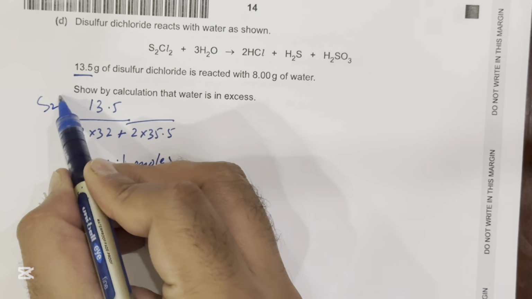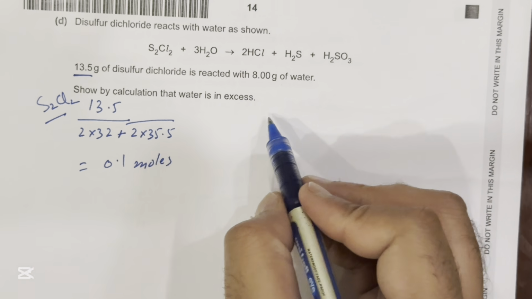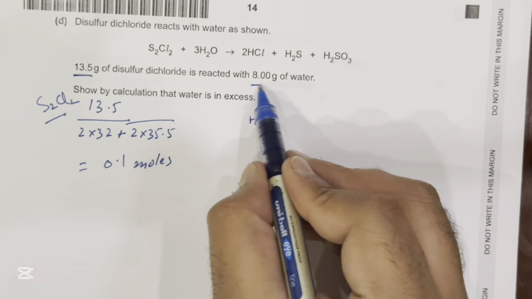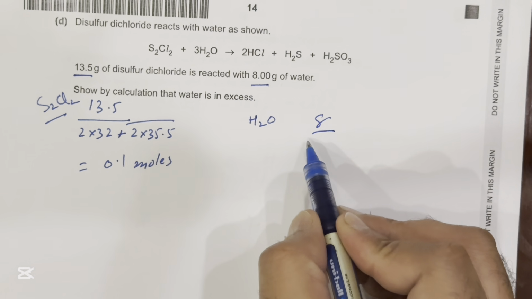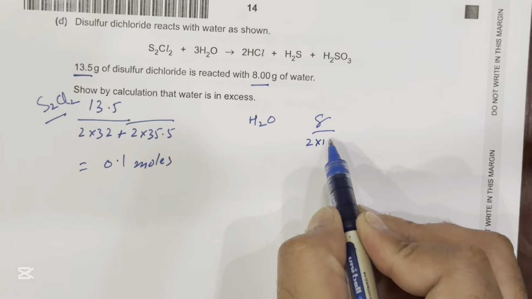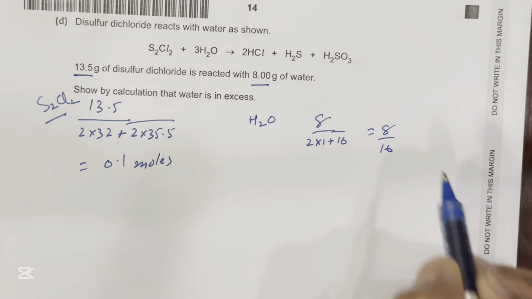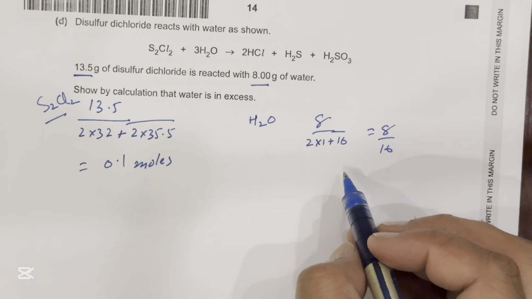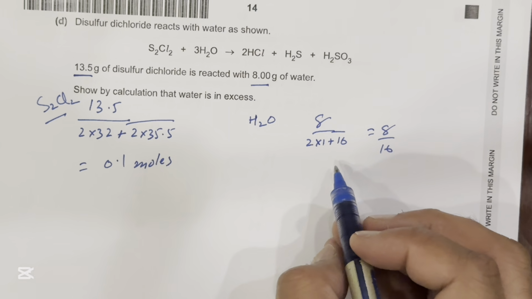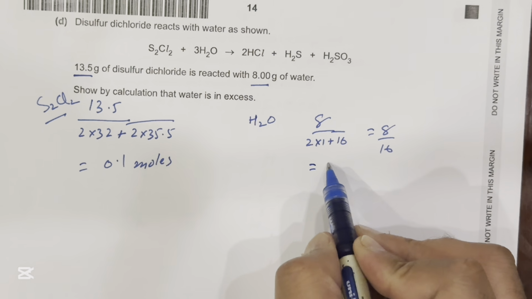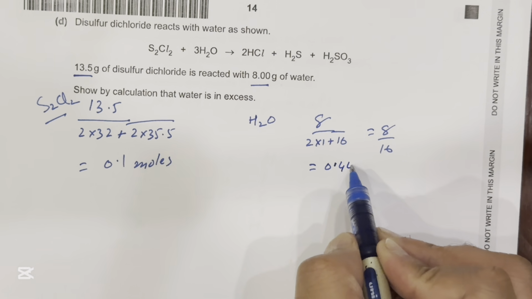for S2Cl2. And now you need to calculate for H2O. H2O has 8 gram, and 2 into 1 plus 16, it would be 8 by 18, and you get the answer that is equal to 0.444.